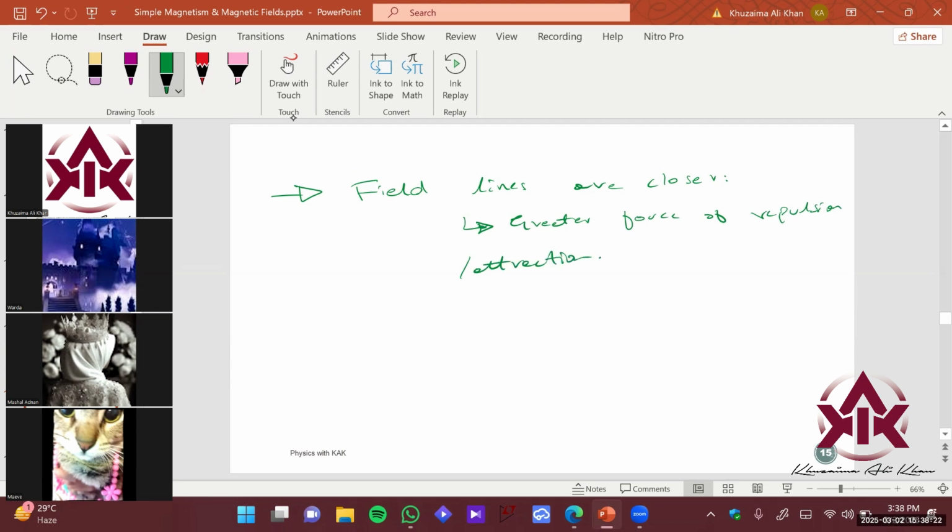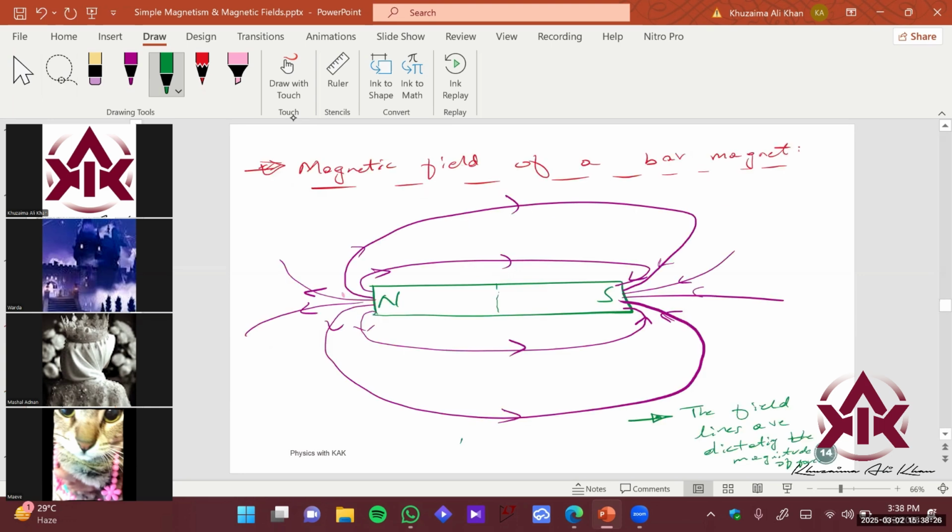If you bring another magnet here, where there's a north pole, you can see that the field lines are pretty far away and have greater separation here. You would feel a force on the other magnet, but it won't be of such huge force.